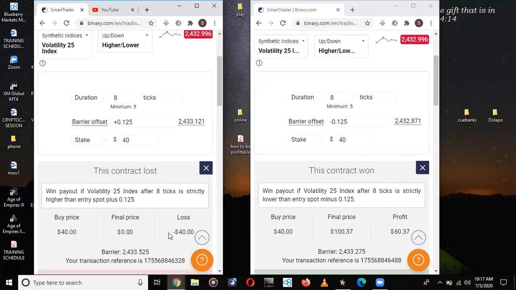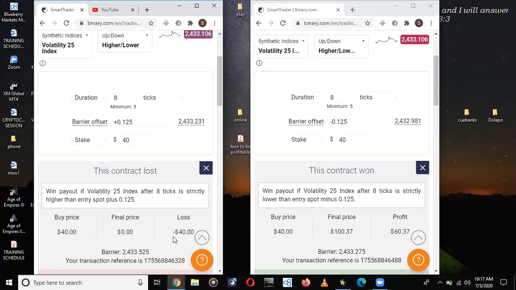But as we are taking trades simultaneously, we lost on this trade. So 60 minus this 40 gives us 20. So our total profit is just $20, not this 60, because we are taking two directions. One has to lose, the other will win.